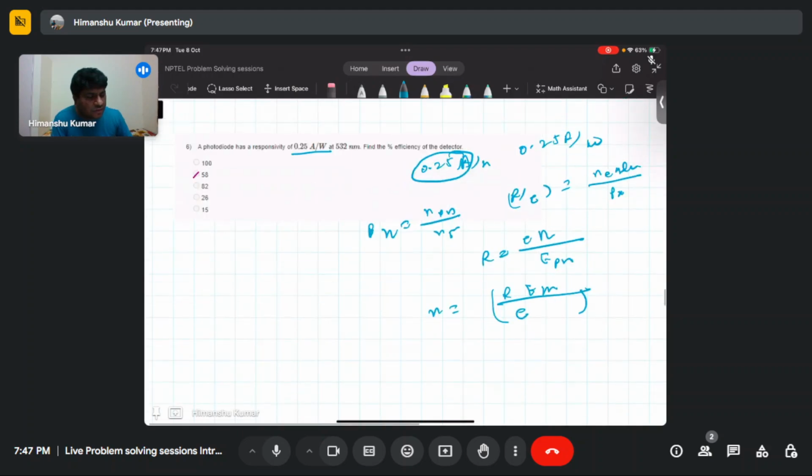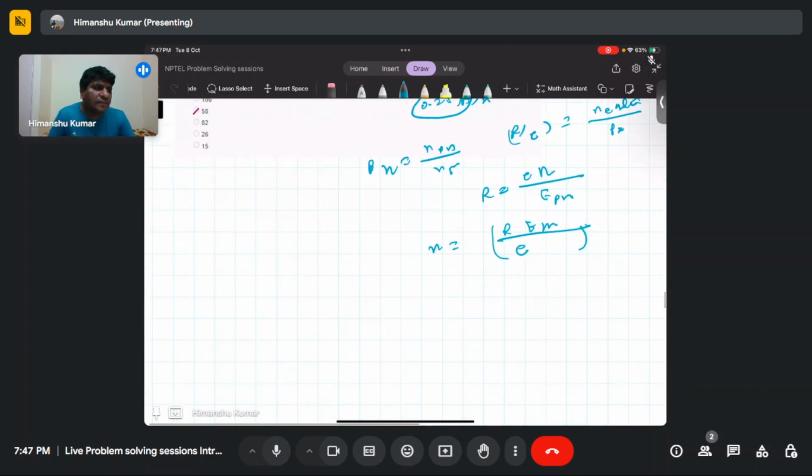If you divide by the electronic charge, you will get the number of photons, and then if you multiply by the photon energy, you will get how much power each photon generates divided by the input power, so that gives you the efficiency.